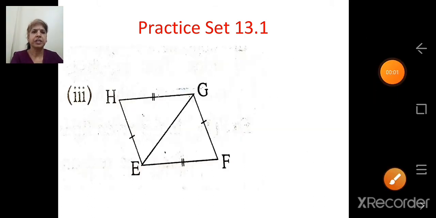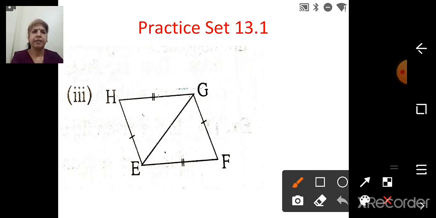Third question. Now see here, pair of triangles is given. So if you are able to write the name easily, okay. Otherwise, better if you want to number it, number it. First triangle, second triangle. And name of the first triangle is, yes children, how you will name it? HEG.